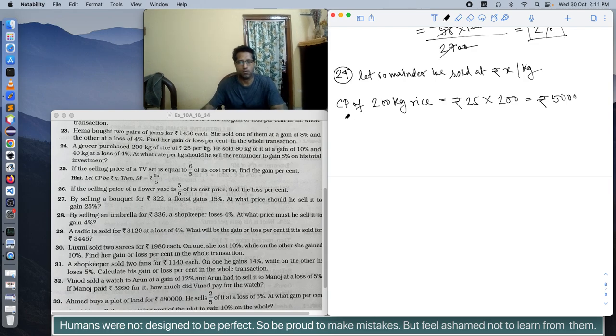Okay, now he sold 80 kg of it at a gain of 10%. Now, when 80 kg of rice was sold at 10% gain, what will be the selling price?